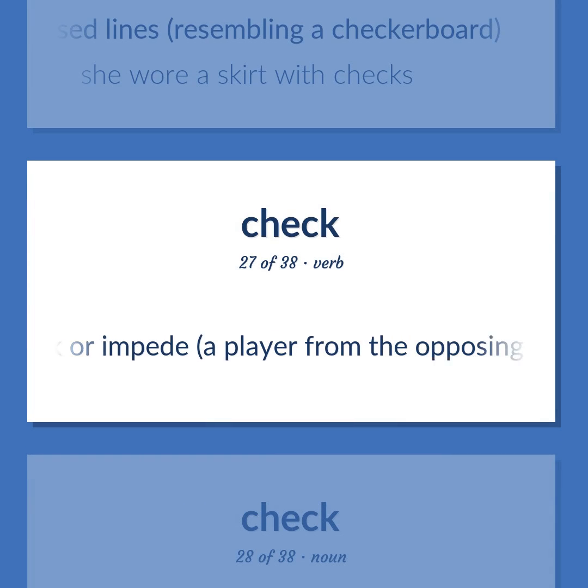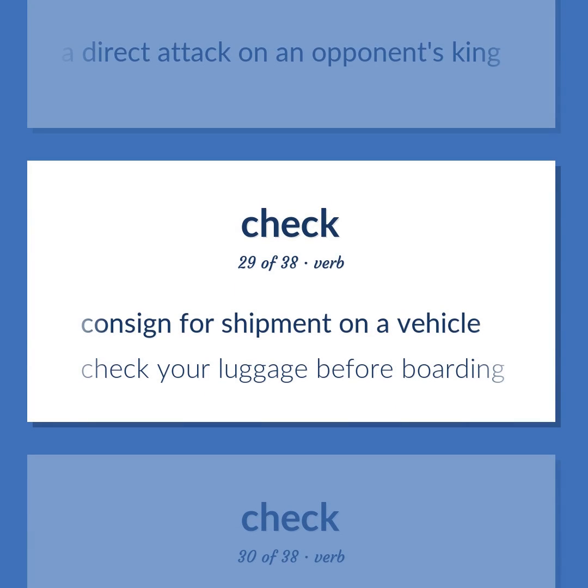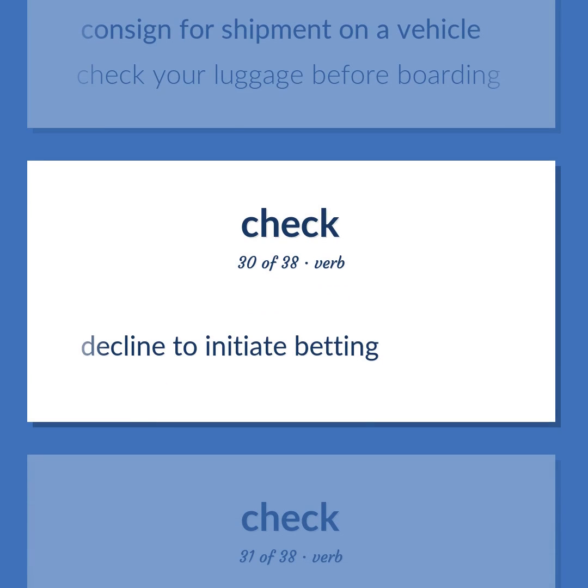Block or impede a player from the opposing team, in ice hockey. Chess, a direct attack on an opponent's king. Consign for shipment on a vehicle. Check your luggage before boarding. Decline to initiate betting.